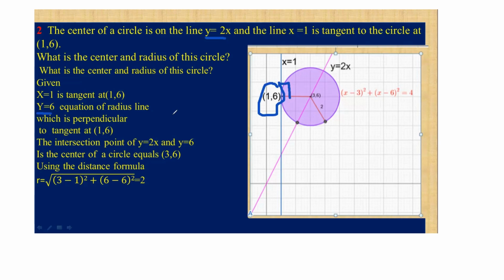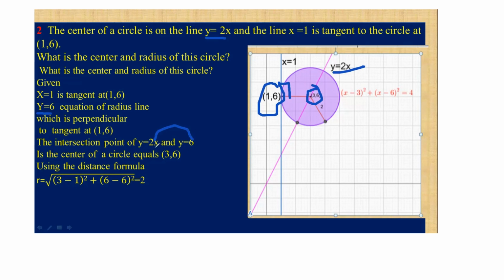Now, the radius line and the line y equals 2x intersect at the center.